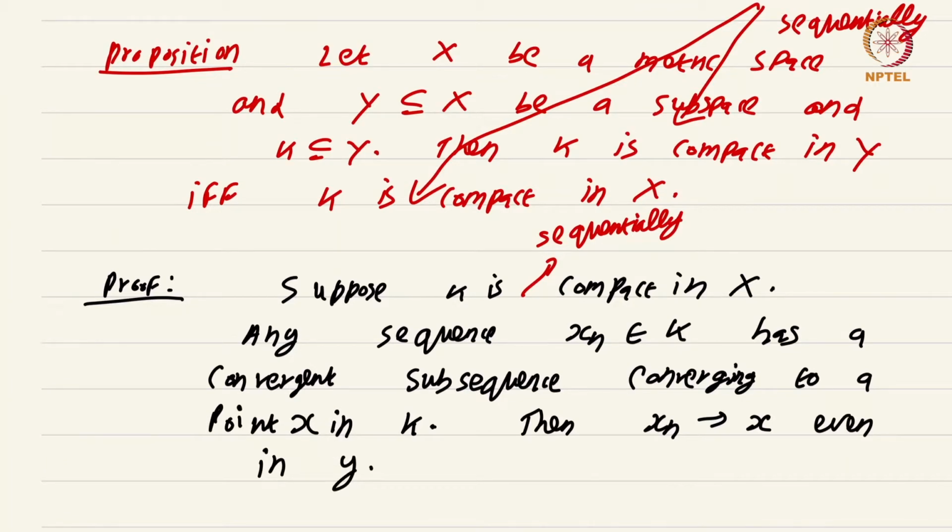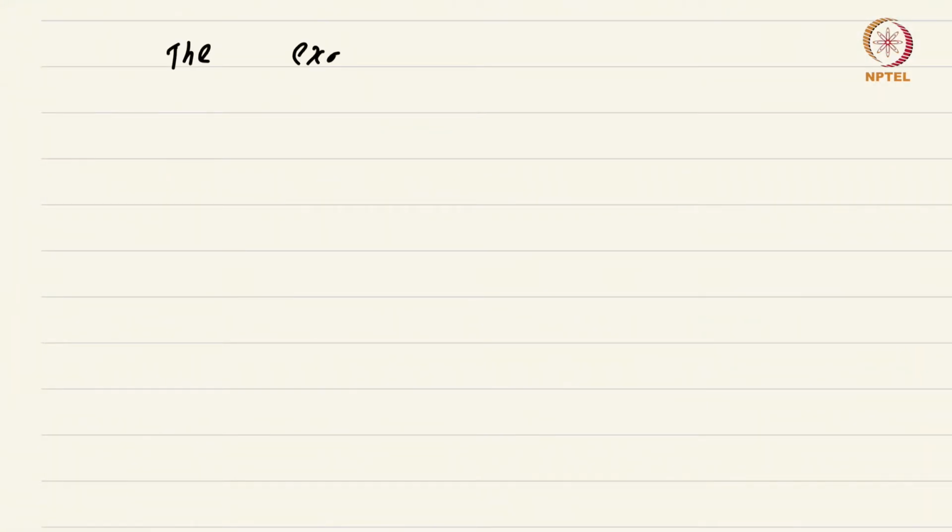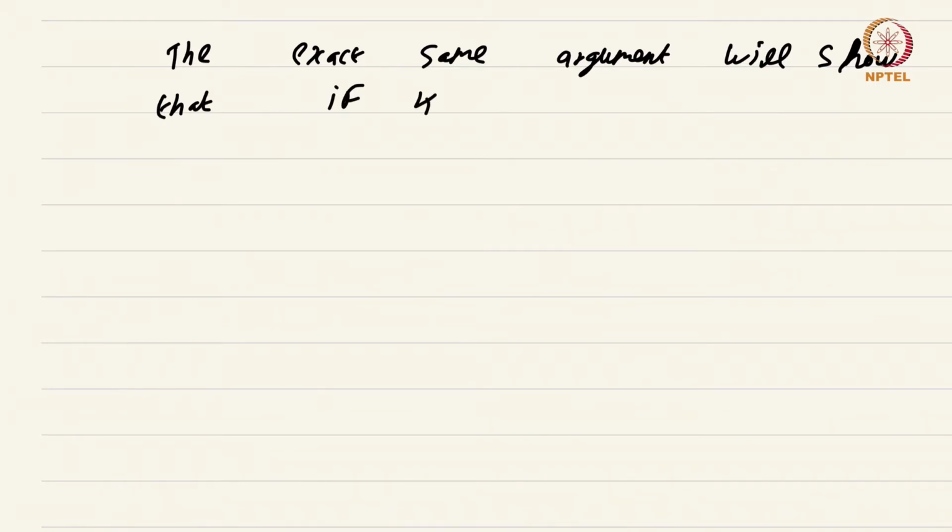So here I should write capital Y. Okay, so that means K is compact in Y. Okay, the exact same argument will show that if K is compact in Y, then it is compact in X. So compactness is not a relative notion.